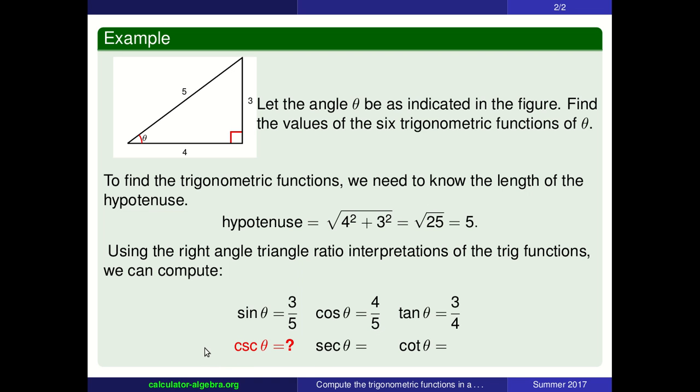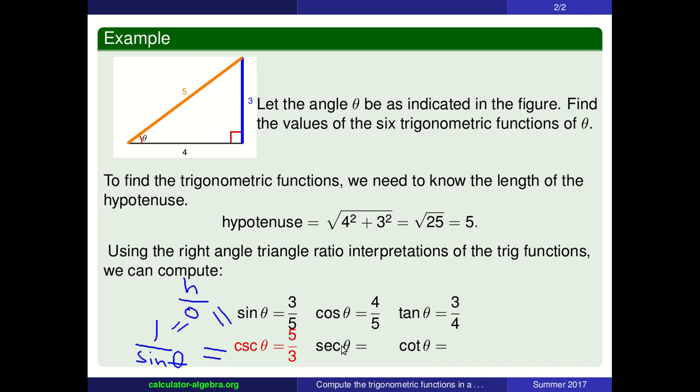Just to remind you, cosecant of theta is 1 over sine of theta. So you can just take the reciprocal of 3/5. So the answer should be 5/3, right? But you could also compute it as the ratio of sides: the hypotenuse, which has length 5, divided by the opposite leg. Of course, all of these quantities are equal.